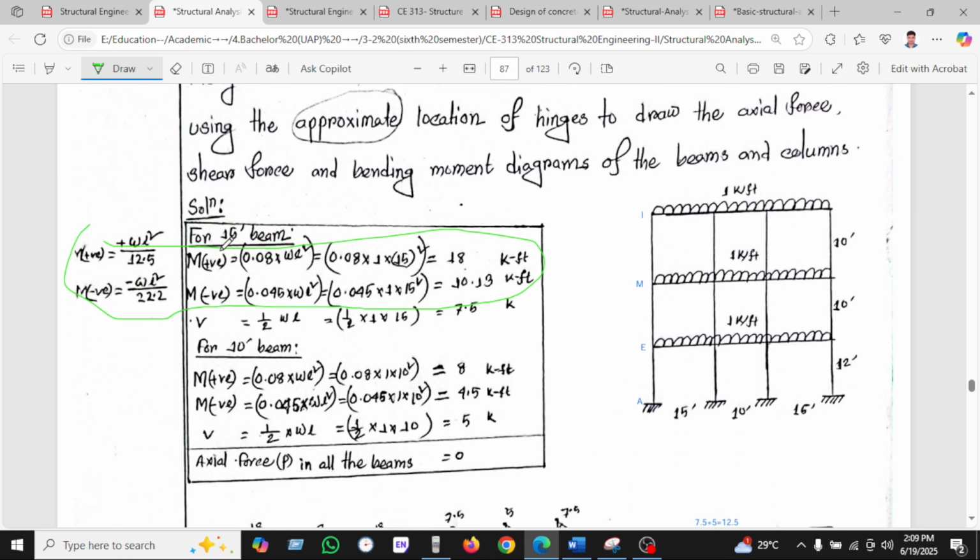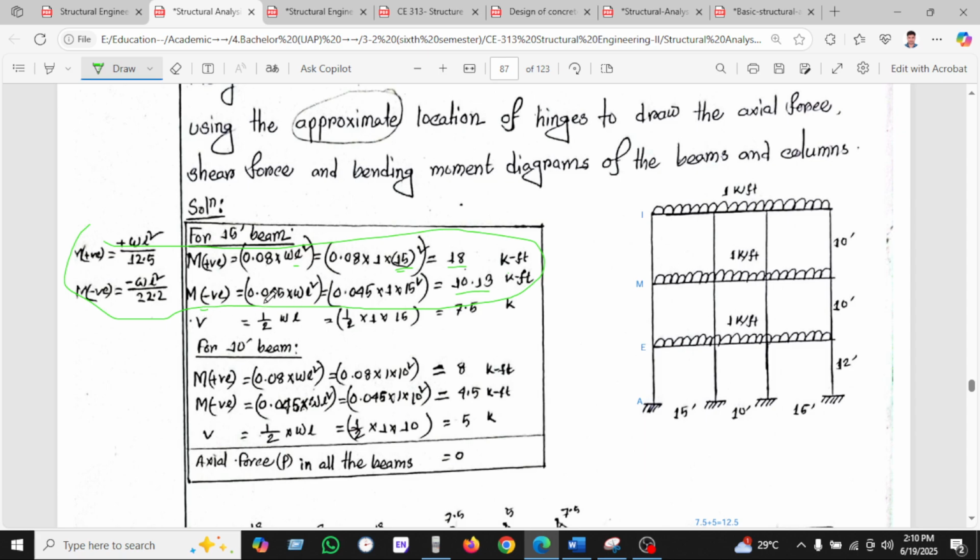So for the 15 feet beam, we can see this is the 15 feet beam. The positive moment is WL square by 8, where L is 15, so it will be 8 kip per feet. The negative moment we can see is 0.08 WL square, which is found to be 10.1 kip per feet.